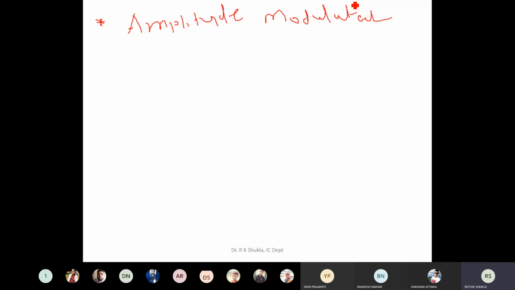So before understanding this amplitude modulated output, can anyone tell me what does amplitude modulation mean? Yes, has anyone heard this word amplitude modulation before? When two frequencies have to be combined, then this amplitude modulation is done.